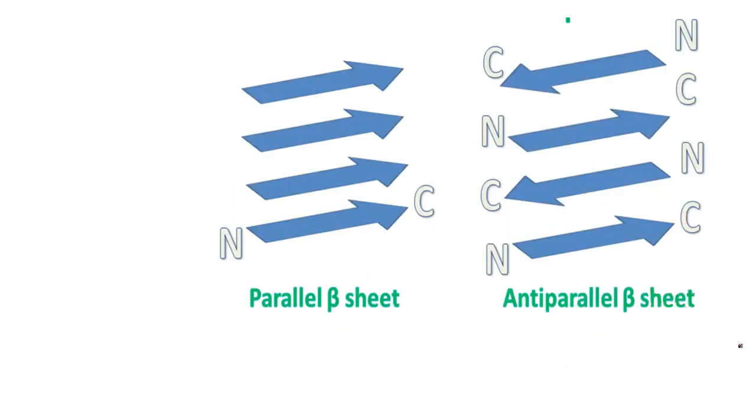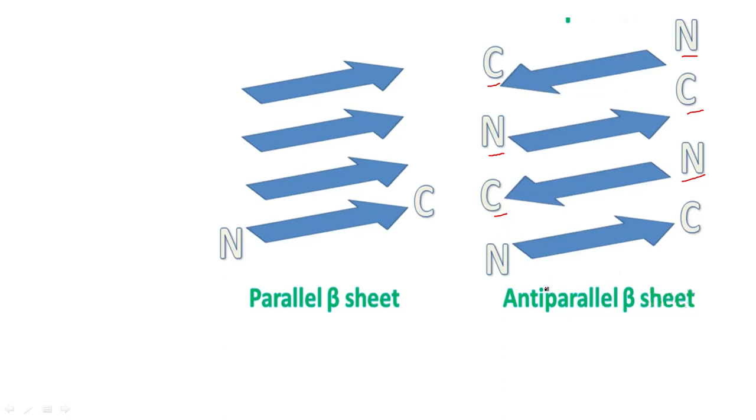So look at this one, which represents the parallel beta sheets and anti-parallel beta sheets. In anti-parallel beta sheets, one sheet has the nitrogen terminal on this side and the carbon terminal on the other, and for another sheet it is quite opposite: N is here, C is here.